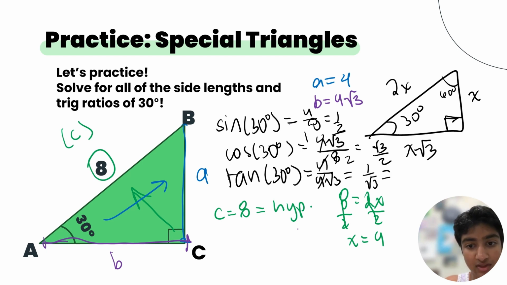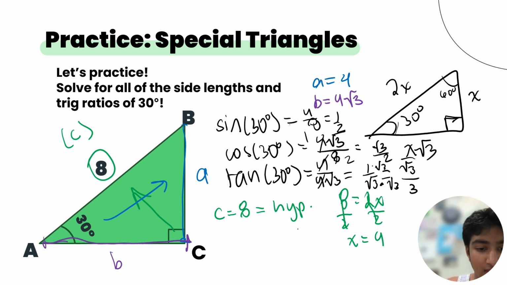So this answer also works, but generally what you do here is rationalize the denominator, which is where you take the square root out of the denominator, because it's not simplified correctly. So you multiply the square root on both the numerator and the denominator. So you get 1 times √3 on the numerator, so you get √3. √3 times √3 is 3, so you get √3 over 3.